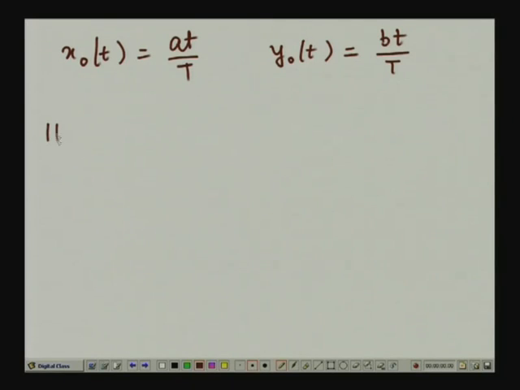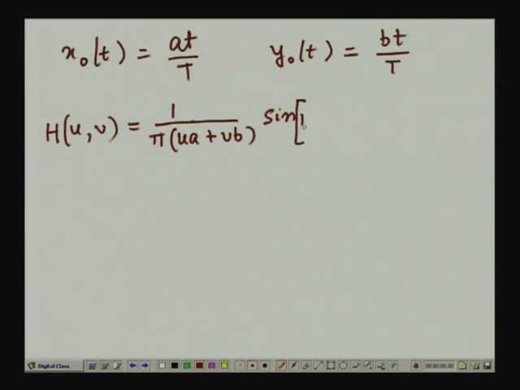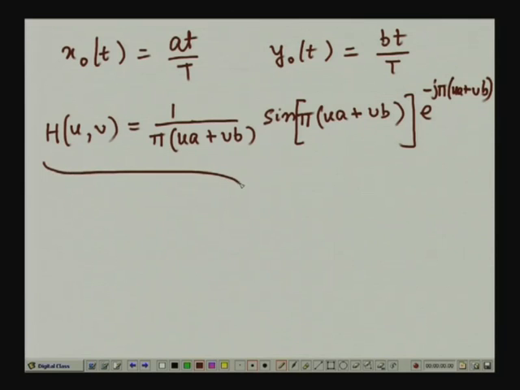By assuming this, and computing that integration, we find that H(u,v) is given by 1 upon π(ua + vb) into sin(π(ua + vb)) into e^(-jπ(ua + vb)). So, this is the degradation function or the blurring function.